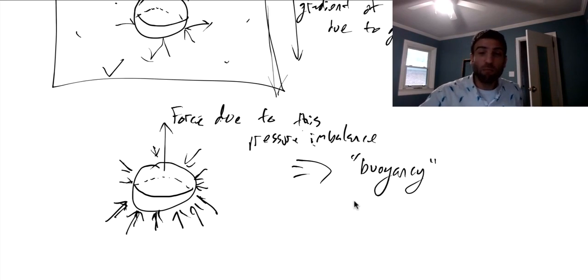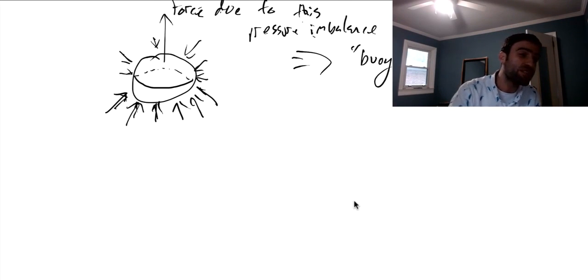Okay? And let's start out by thinking, how big is this buoyant force? What is its magnitude? Is it big enough to lift something up or not, right? And to start thinking about this, let's start out with a little thought experiment.